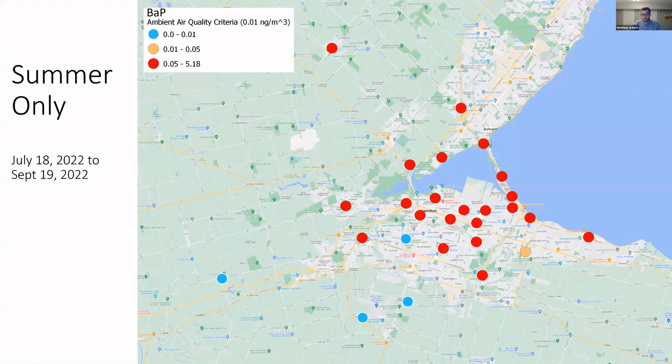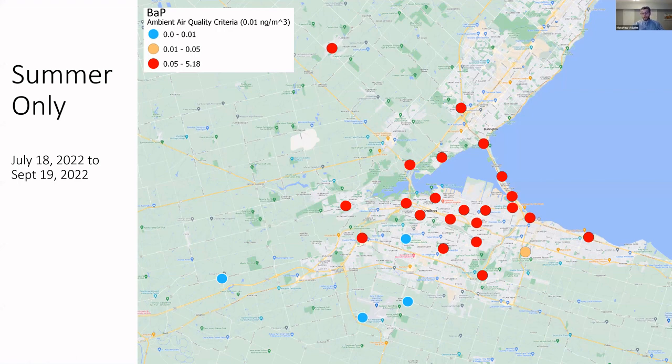Benzo[a]pyrene, this is an industrial pollutant. And we do have known sources in Hamilton. Hamilton has some of the highest emissions or known emissions of these pollutants in Ontario. And unfortunately, what we see is across almost the entire city of Hamilton, really all of the urban areas, that benzo[a]pyrene is above Ontario's ambient air quality criteria, really everywhere.